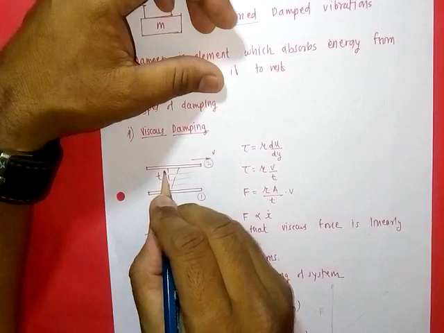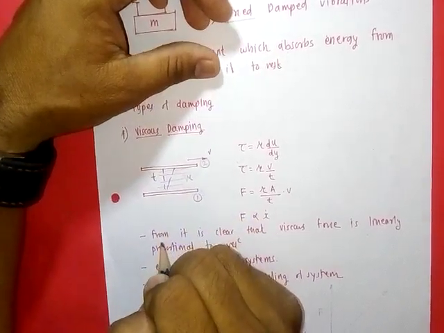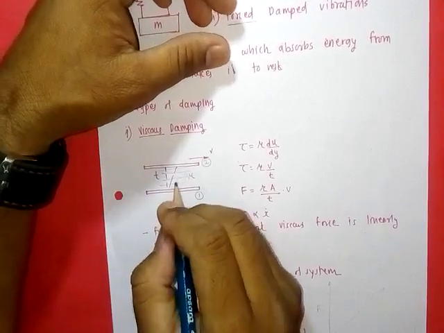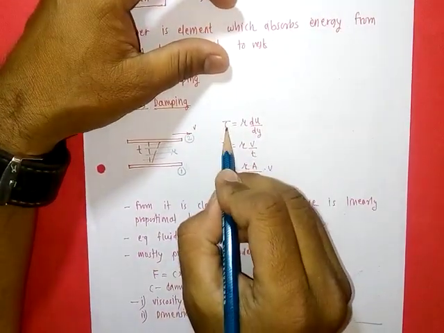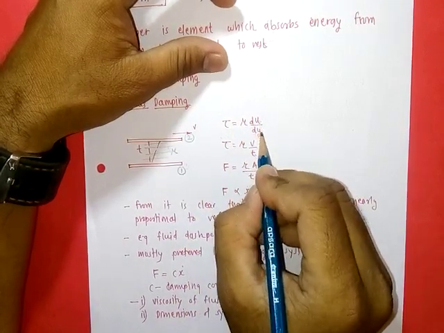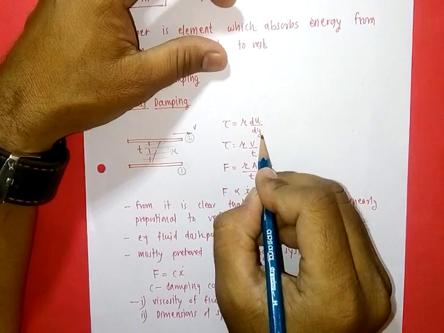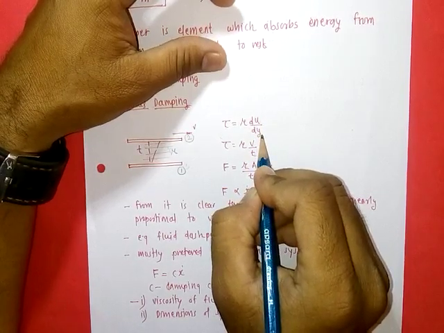Then according to Newton's law of viscosity, shear stress is equal to mu into du upon dy, that is, change in velocity per unit change in height or thickness.